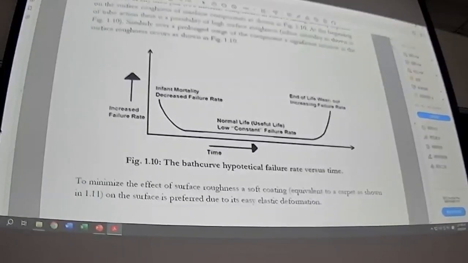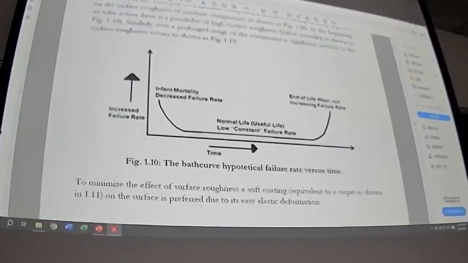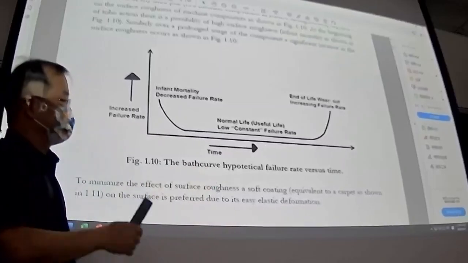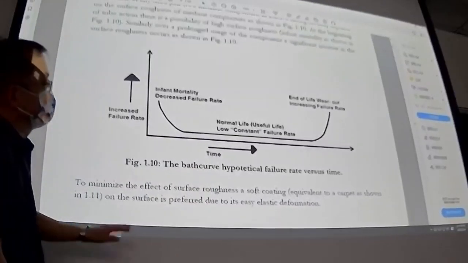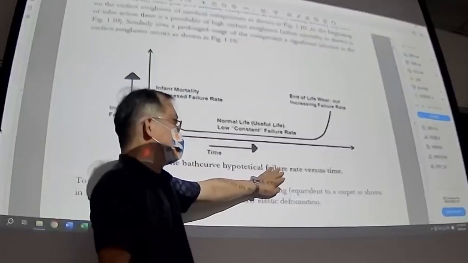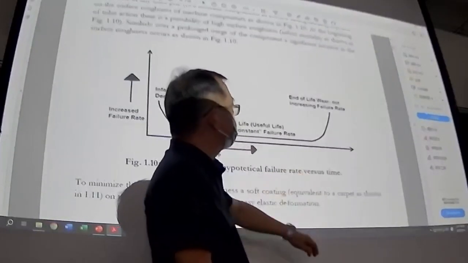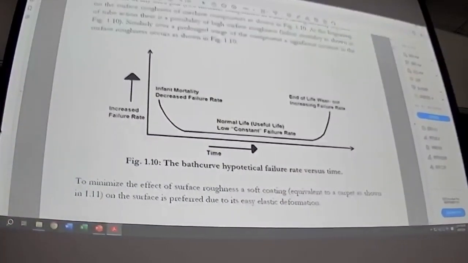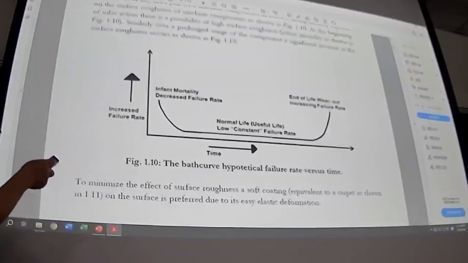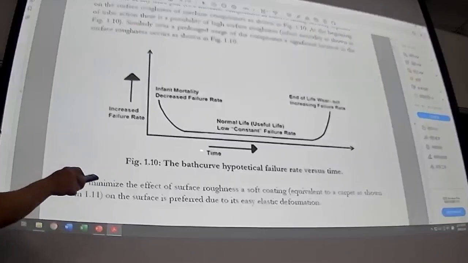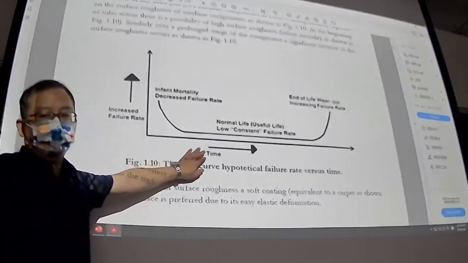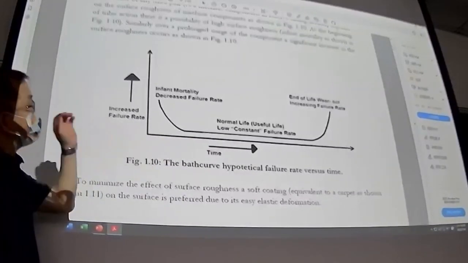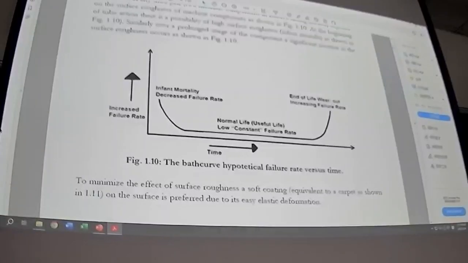This is the famous bathtub curve for the failure rate versus the service time. Okay, so when we look at this figure, the horizontal axis is the service time for your components or your mechanical device, and the vertical axis is the failure rate.